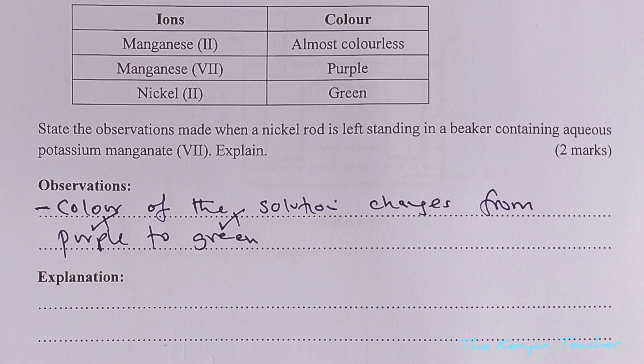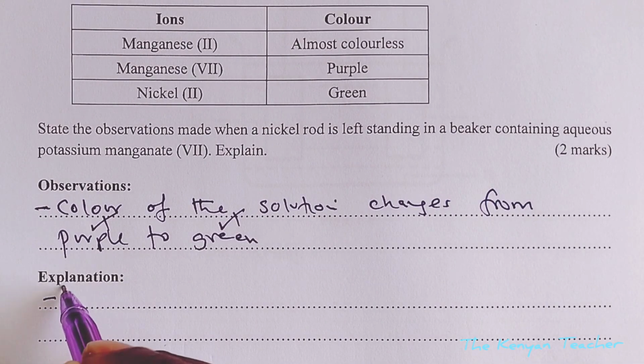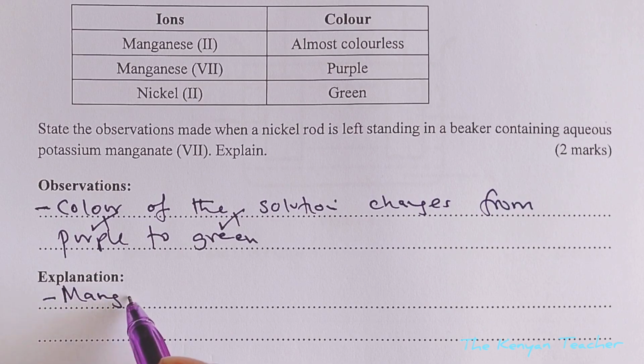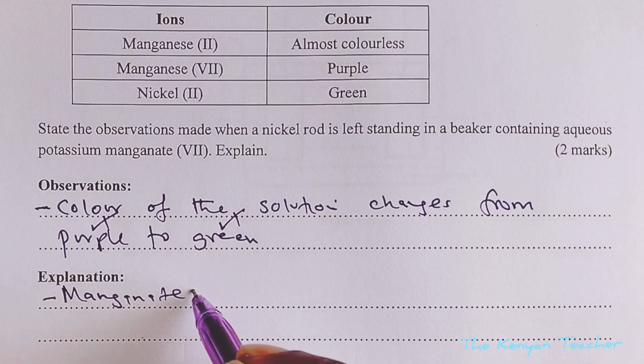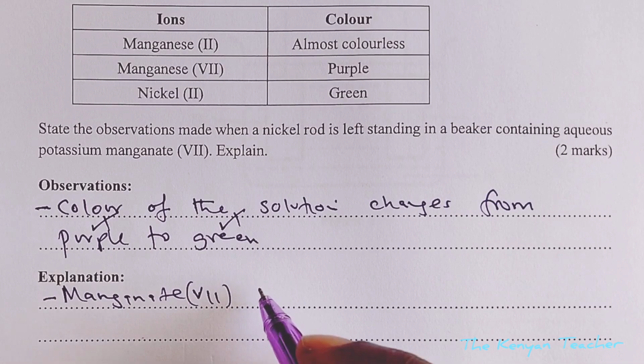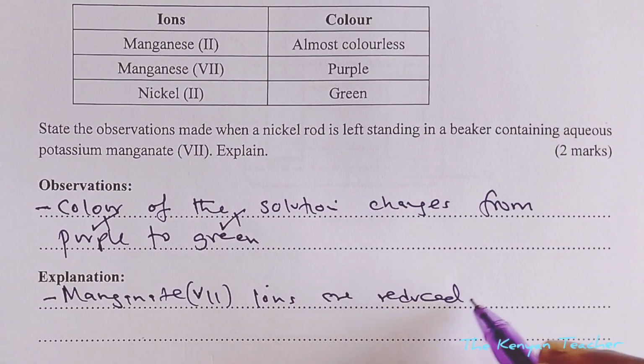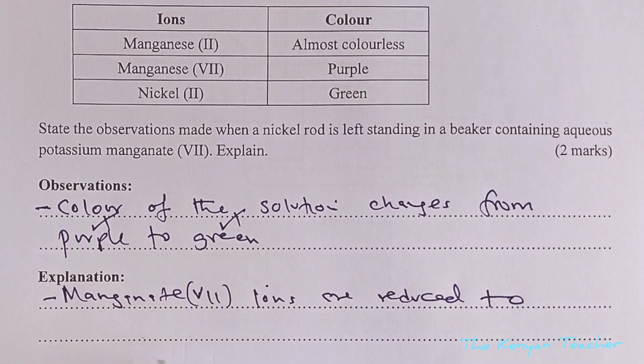So as we explain, we would say that manganate 7 ions, you did not need to tell us the color. You only needed to tell us that manganate 7 ions are reduced to manganese 2.